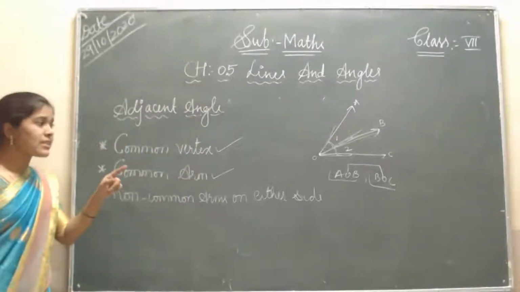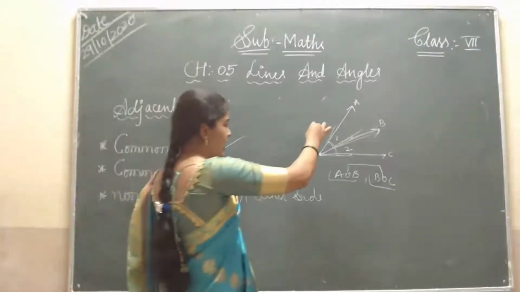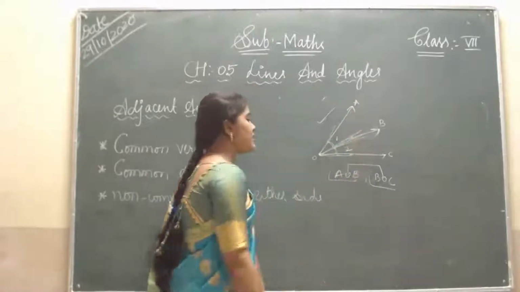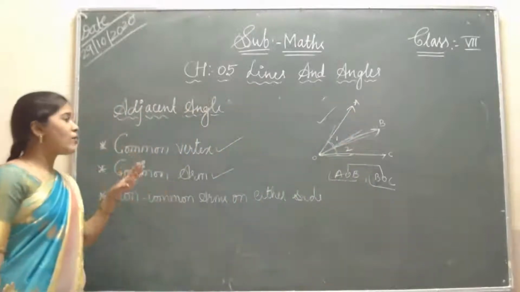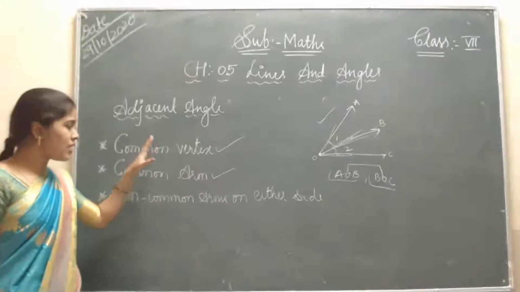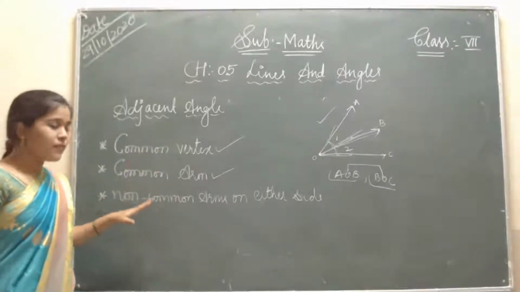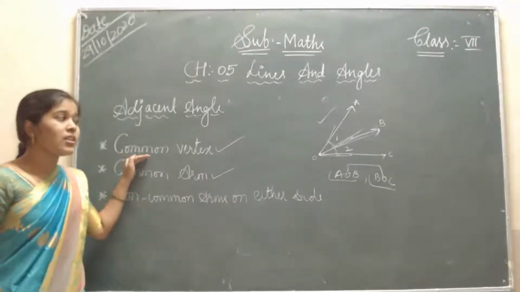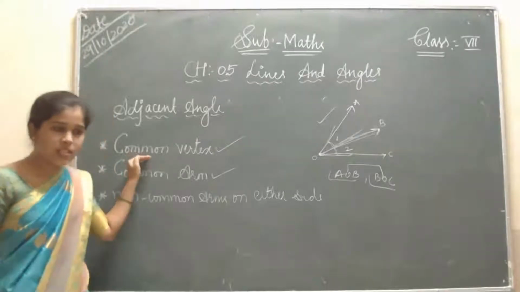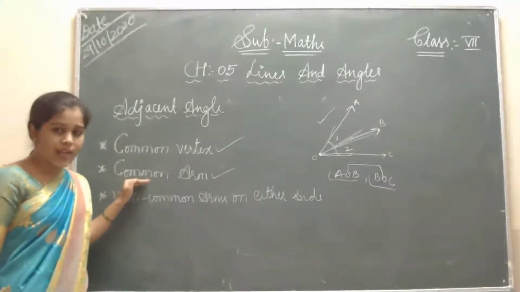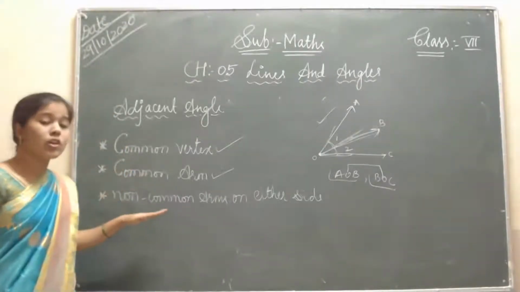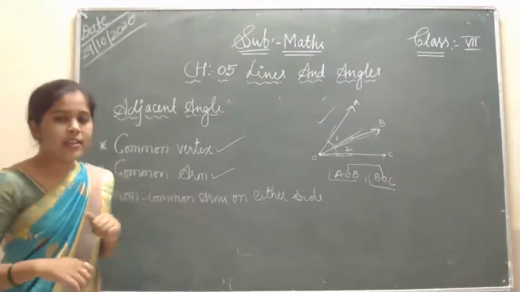So this is nothing but an adjacent angle. We have to see these three rules. First, we have to check whether the diagrams have a common vertex, whether they have a common arm, whether they have non-common arms on the other side.